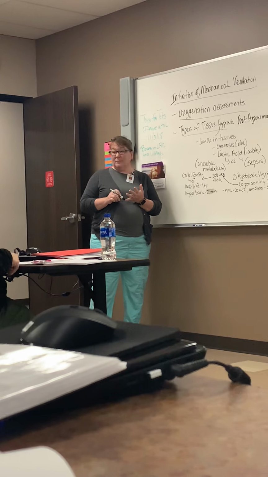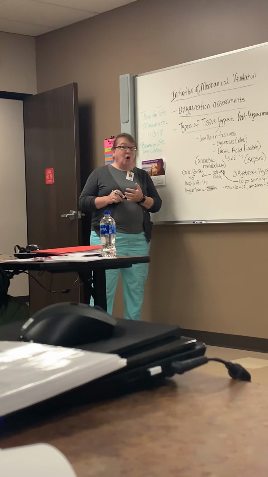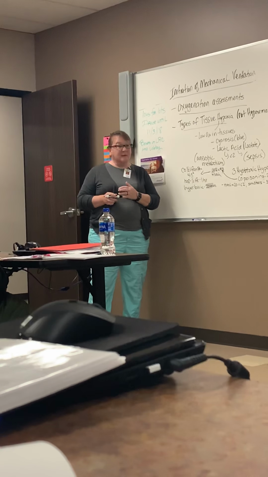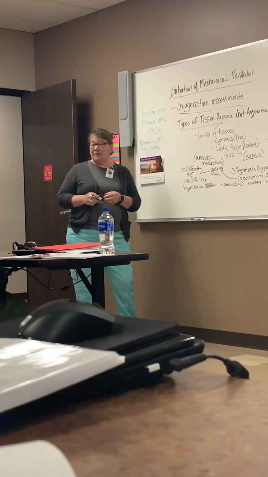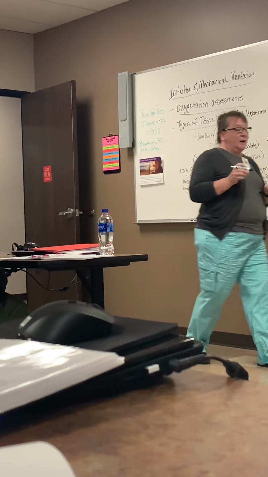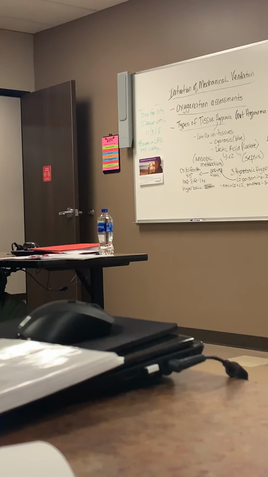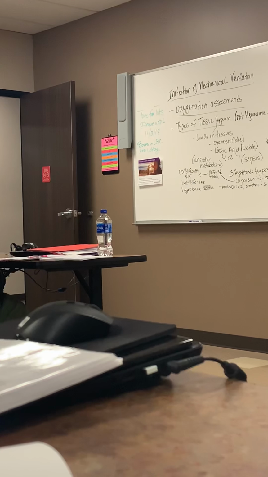Remember that pulse ox is useless. Don't put a pulse ox on a patient with carbon monoxide poisoning. You will lose points when you take your test. And you leave it on no matter what the PaO2 is. This is very important.